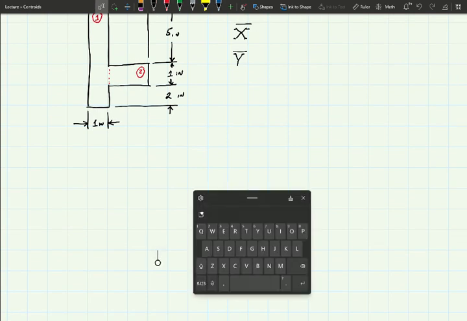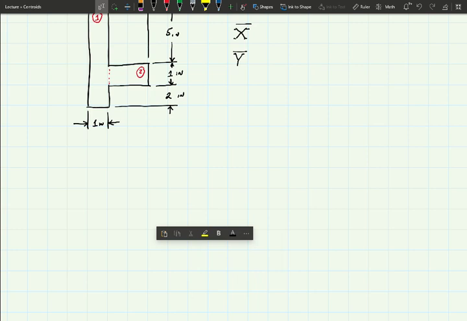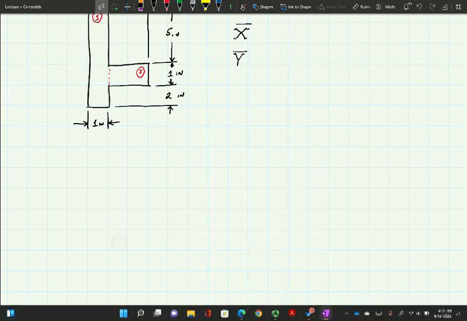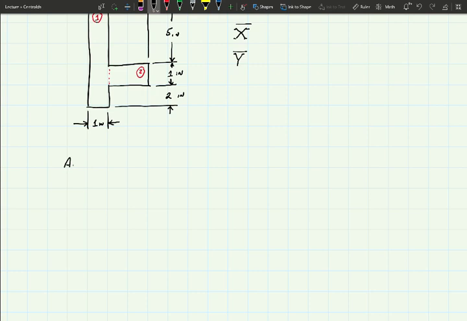We're going to look for the area, okay, and the units on that are inches squared. Then we're going to look for X bar, and that's going to be in inches.